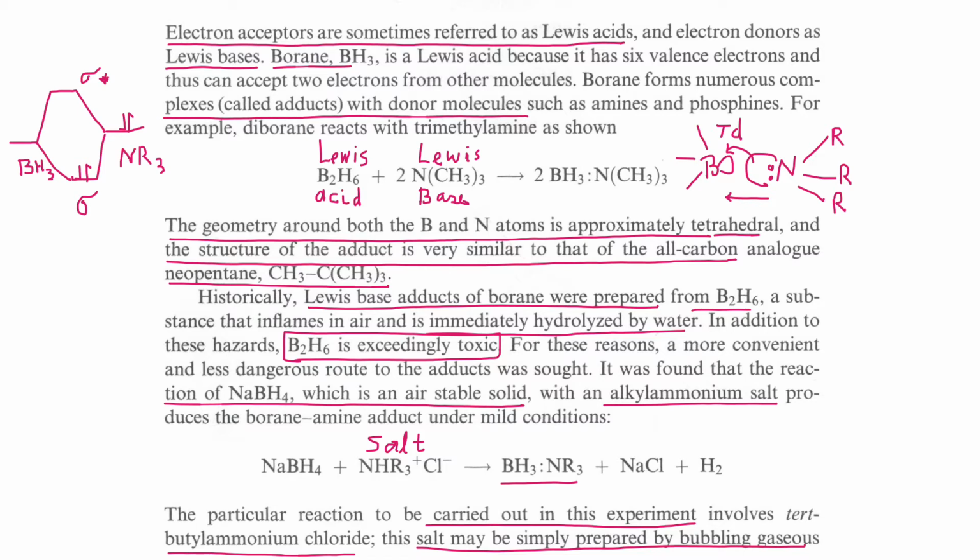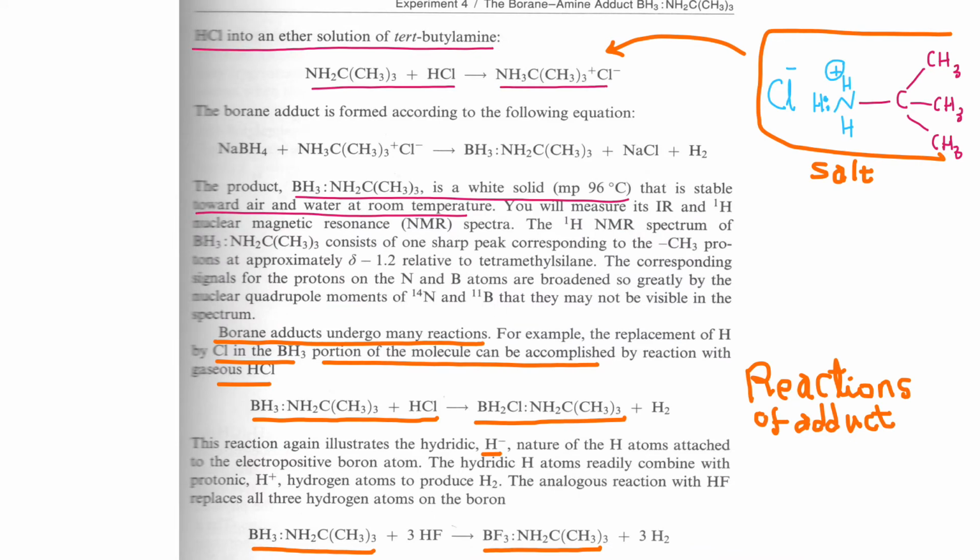Now, this is the first part of the procedure, in which you're going to prepare the tertiary butyl ammonium chloride salt. You mix HCl with the tertiary butyl amine to end up with the white solid salt with a melting point of 96 degrees centigrade, and you run the IR of this salt.